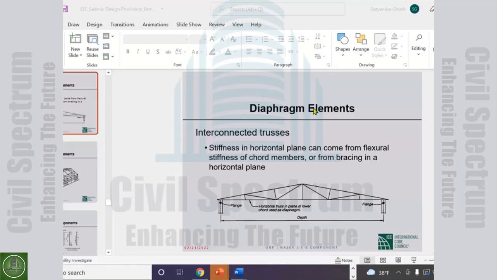But the difference between deflection and drift is as simple as that. Deflection is for a particular floor level, how much it moves sideways under lateral load, and drift is for a story, and that is the deflection at the top of the story minus the deflection at the bottom of the same story.